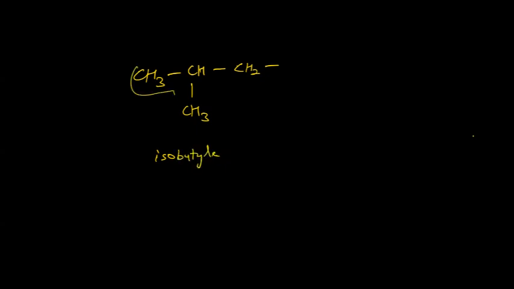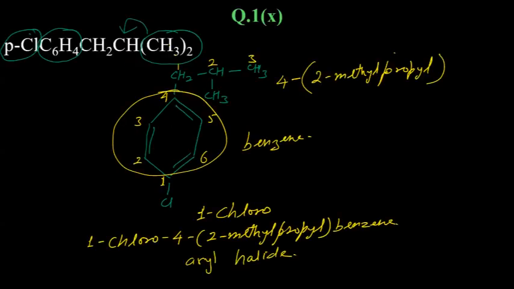The reason is the iso group is anyway there. Because there were 3 carbons, we named it propyl. Now there are 4 carbons with the iso group, so we will call it isobutyl. This is exactly the same group which is attached on the benzene ring. Just see here, this is the iso group, and there is one more carbon.